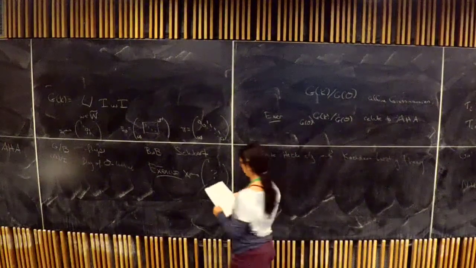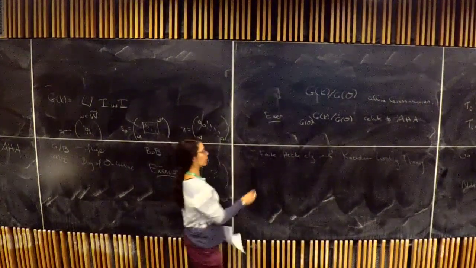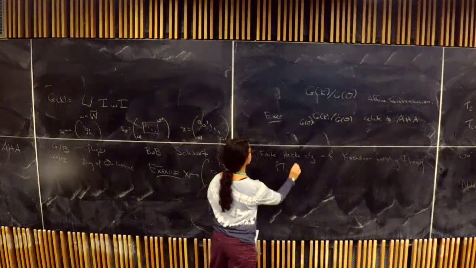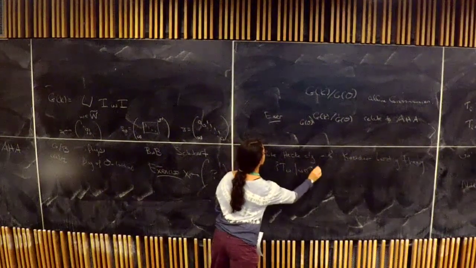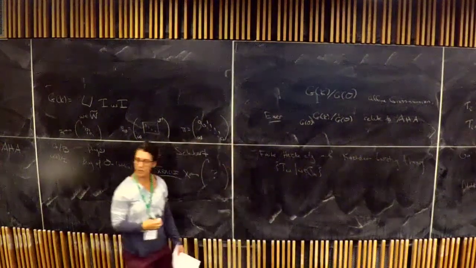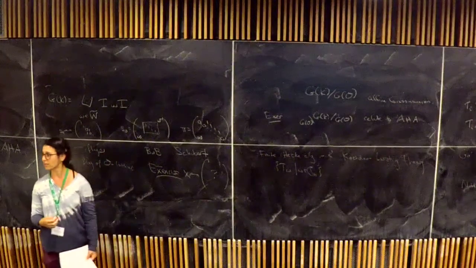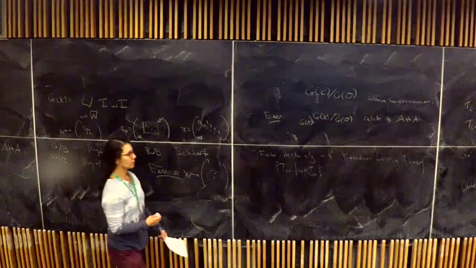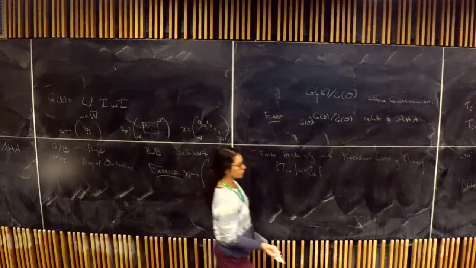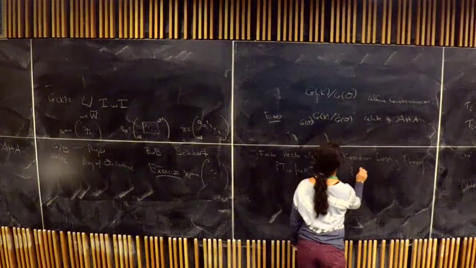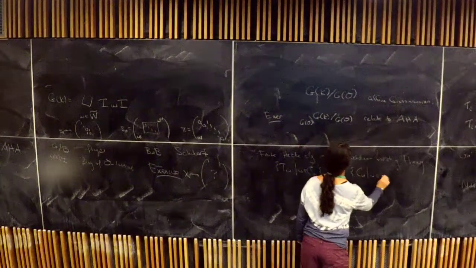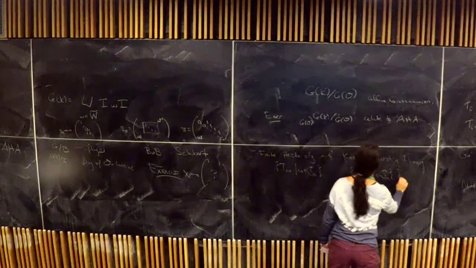We have our basis that we know and love for the finite Hecke algebra, these T_w's. Well, there's some other basis that you could take called the Macdonald basis. You define it by, let me call them C_w's.